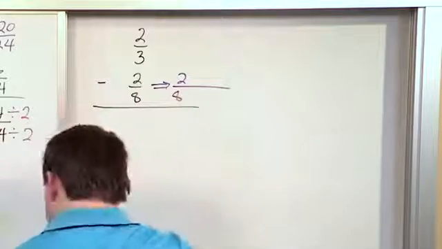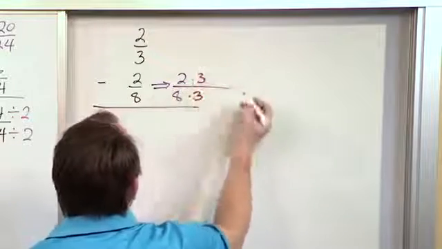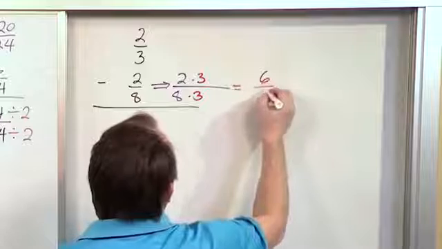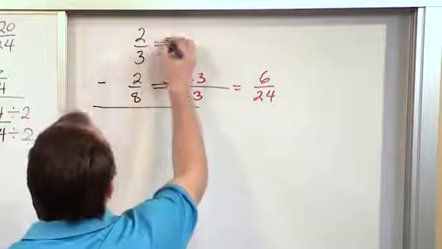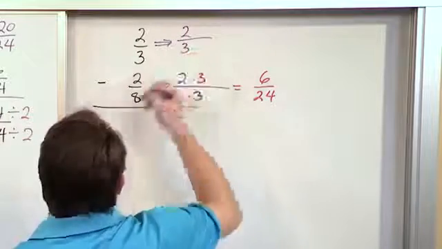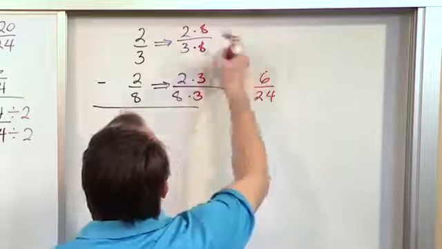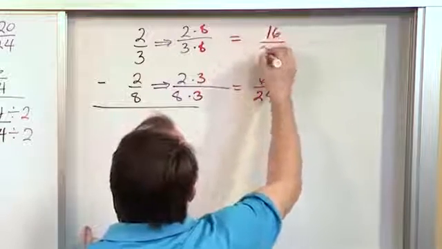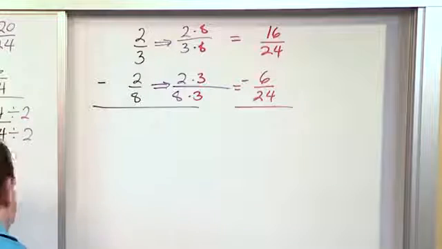So 2/8, I'm going to multiply this one by 3 and this one by 3 because I'm trying to get to 24. And I'll get 6 over 24 when I do that. And this one will be 2/3. I'll multiply this one by 8 on the top and 8 on the bottom. 2 times 8 is 16, 8 times 3 is 24, and I'm going to subtract them like that.